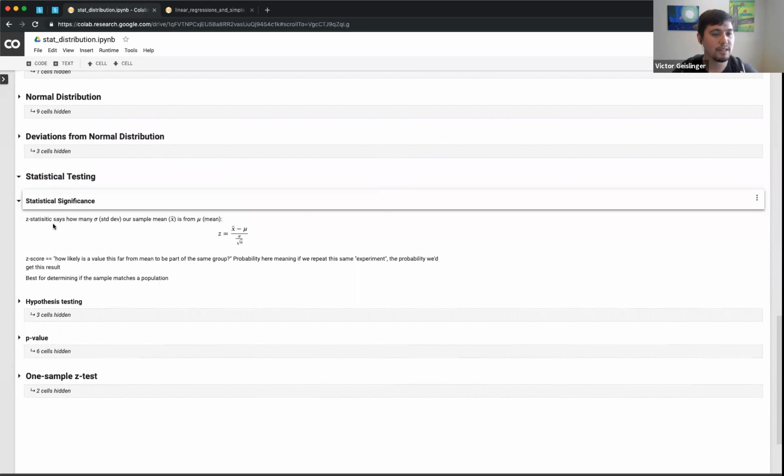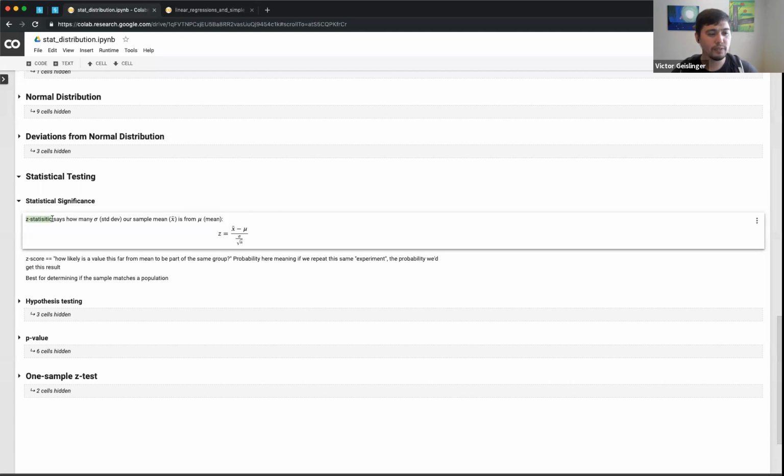I think last time I talked about the Z-score, the Z-statistic. Whenever you hear something called a statistic, it really is essentially a summary of the data. So the Z-statistic is summarizing some aspect of our data. In this case, saying how far our sample mean is from our population mean, which is called mu right here.